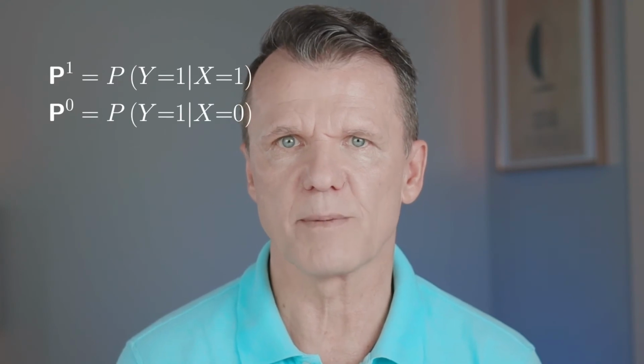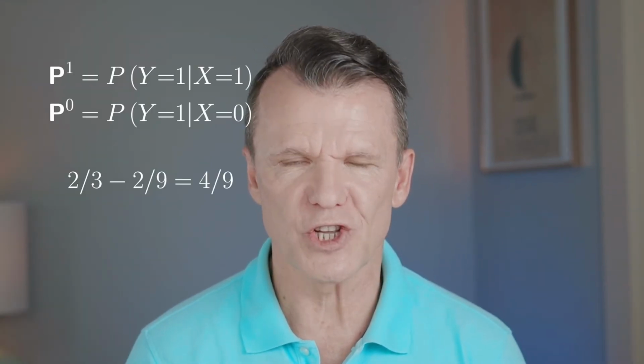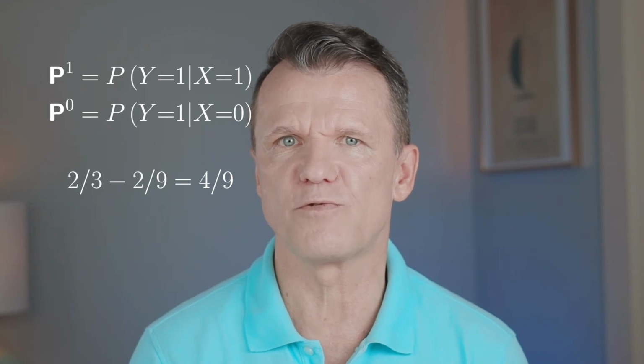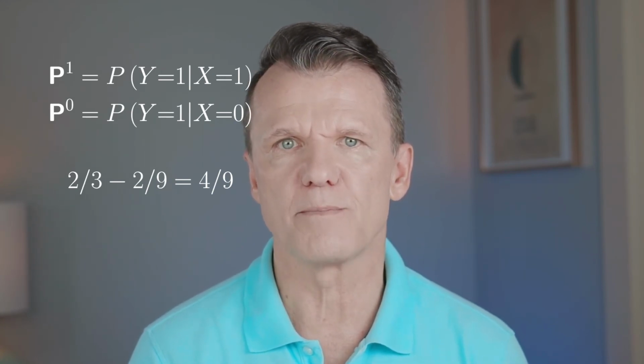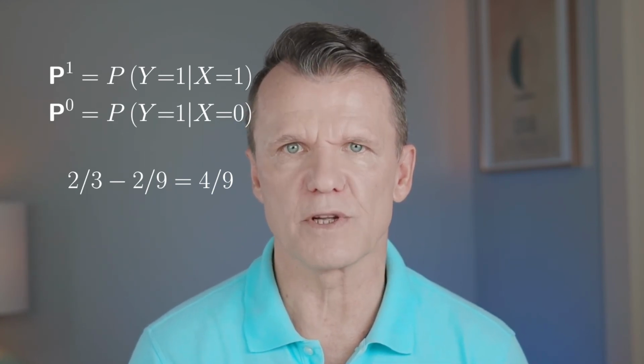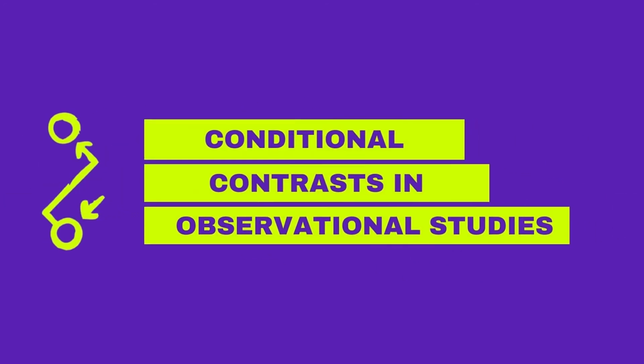Its outcome probability represents the marginal probability for the population without treatment. That's why we use this conditional contrast and declare the effect of treatment is about 44%, even though it compares outcomes from the treatment groups. In experiments, conditional contrasts give us unbiased treatment effects because they coincide with marginal contrasts. This may not be the case with treatments in observational studies.